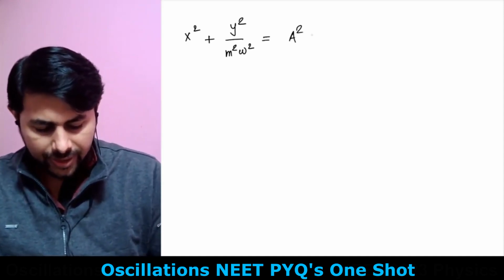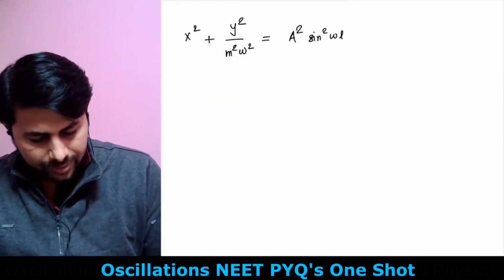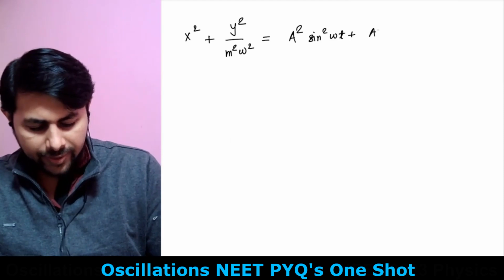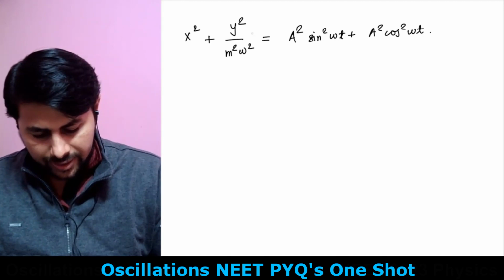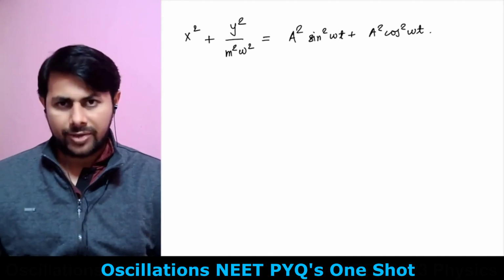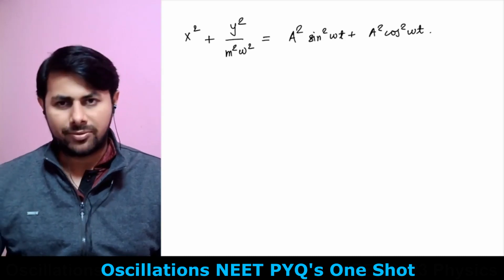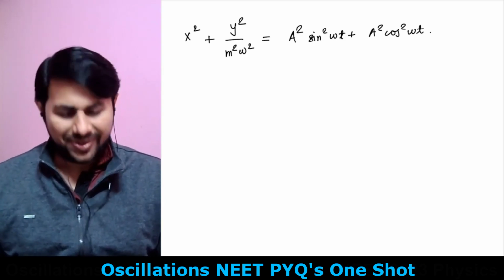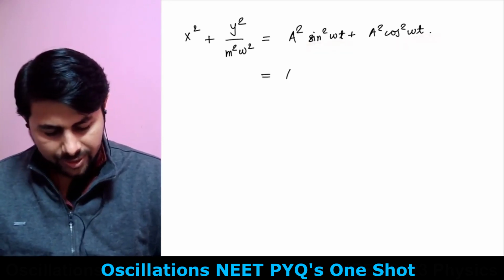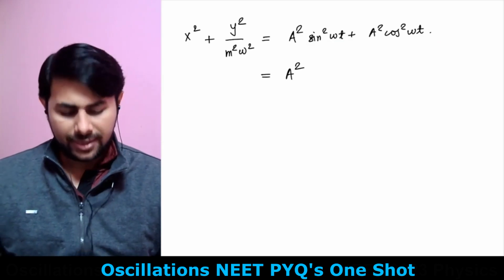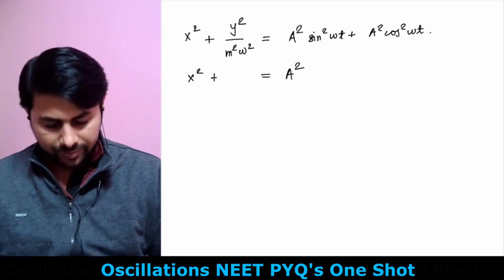I will get a square sine square omega t plus a square cos square omega t, right? So what I have done is, now I am not adding x square and y square, I am adding x square and y square upon m square omega square. I will explain why. So this thing, if you add, what do you get? You will get a square on right hand side. Now can you tell me, this is an equation of something?